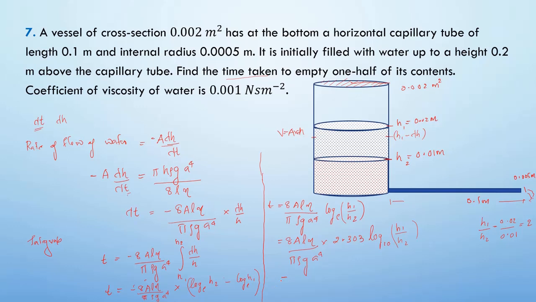So in my equation, I can substitute the values. 8 into a, which is already given as 0.002 meter square, length is given as 0.1 meter, eta of water is 0.001 Newton second per meter squared, divided by pi which is 3.14, rho of water is 1000, g is 9.8, which are already known, and the radius of the tube is given as 0.005 meter, so to the power 4, into 2.303 log to the base 10 of 2.